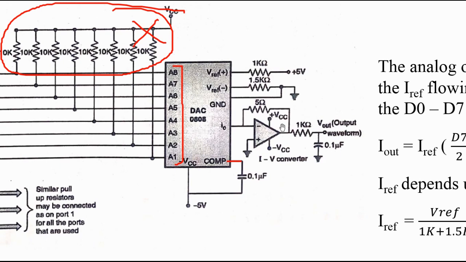Now this 5 ohm resistor, this 1 kilo ohm resistor, this op-amp, and this capacitor, those 4 components will form the current to voltage converter. So whatever current is obtained at this place will get converted into voltage form, and in this way we are getting voltage generated at this place.